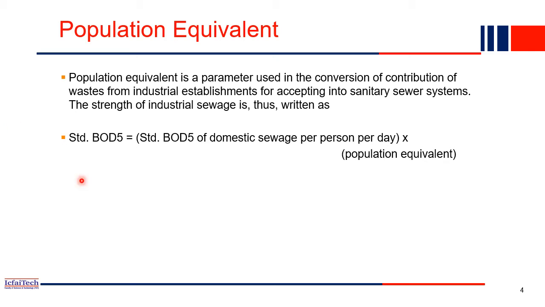In the last slide, we have seen how we can compute the total wastewater estimation in the entire city by multiplying the per capita waste produced by the population. Now similarly, in this slide we have seen how we can convert the industrial waste into the standard population equivalent, and then we can do the estimation also.